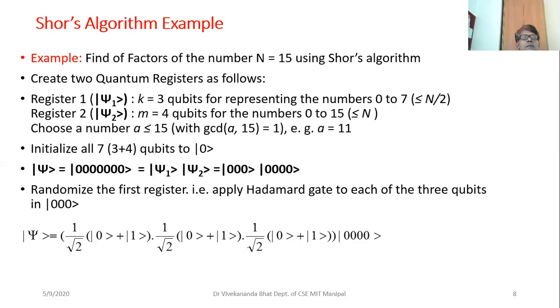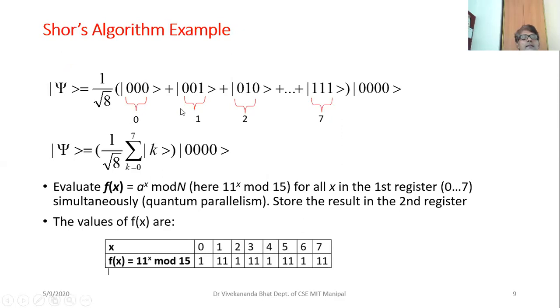So you need 3 qubits for representing register 1 and 4 qubits for representing register 2. So that is what we have done here. Next, we have randomized register 1 using the Hadamard transform. So next, we have done this tensor product, and it is represented using the summation symbol.